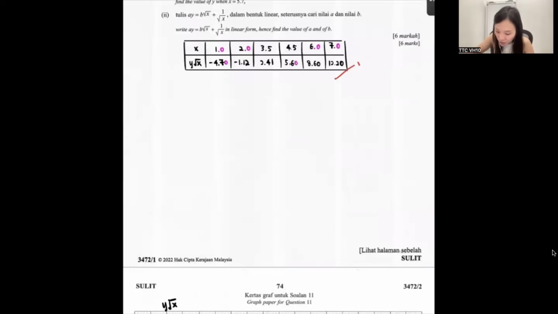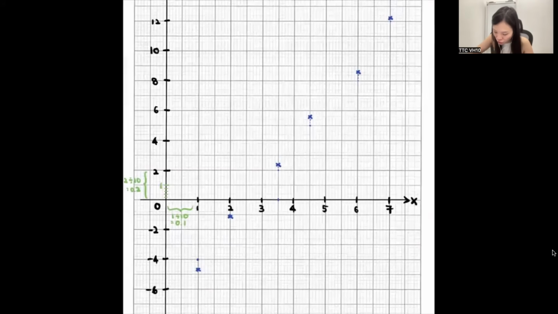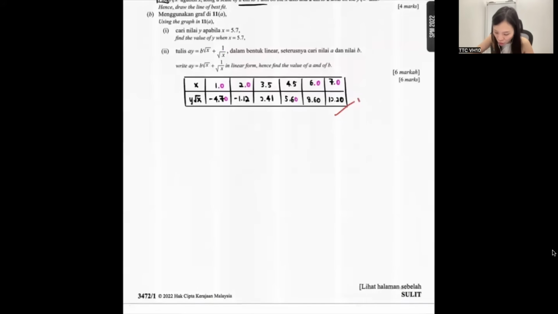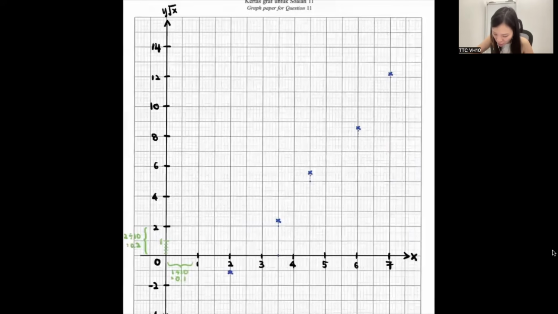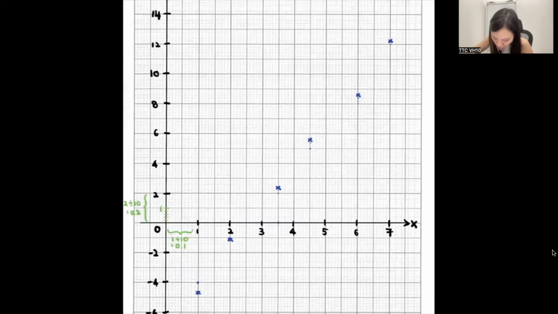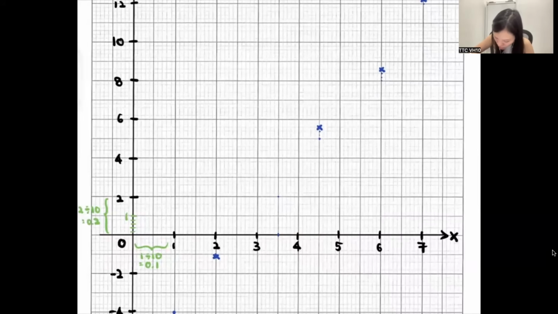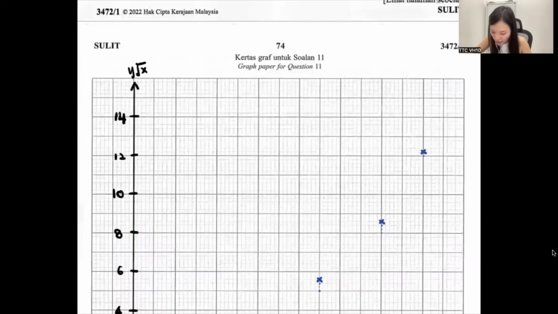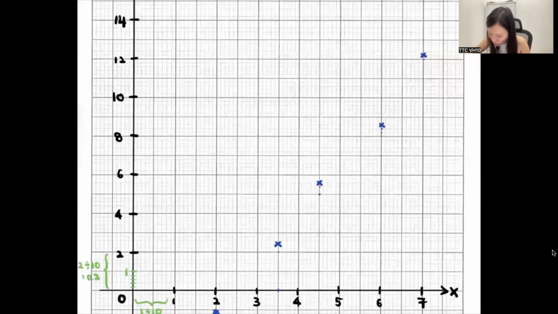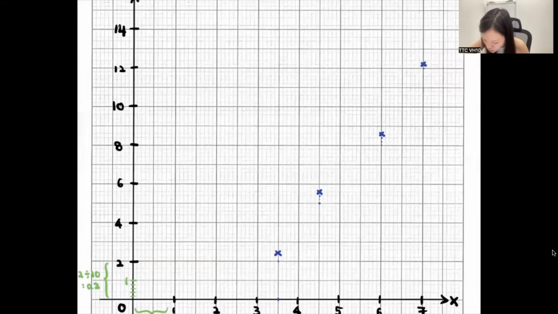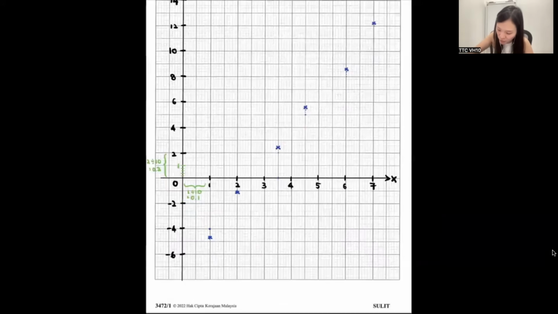No mistake, my dear. Wait, 3.5, 4.5, correct. 2.41, 5.6. 2.41. Oh, did I draw too short? 2.2, 2.4. Here, correct. And then, what's the last one again? 7, 12.2. 7 is here, 12.2. Correct what? Let me try again.